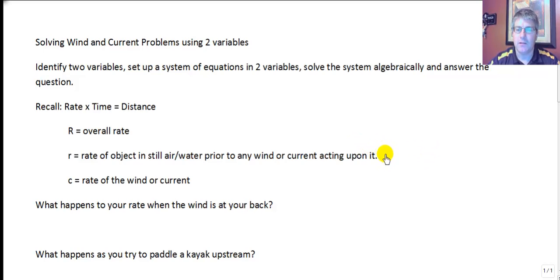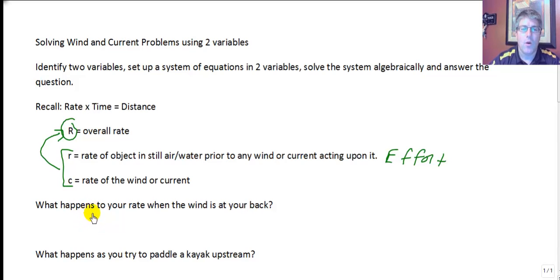So we'll let little r be kind of our effort without wind or current or anything. And we'll let c or w or something else be the rate of the wind or the current. So really our overall rate is somehow made up of this r and this c.